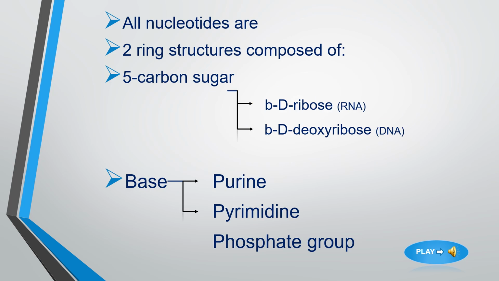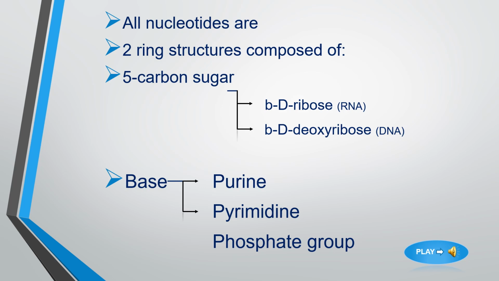All nucleotides have two ring structures: one is a 5-carbon sugar, another is a nitrogenous base. One ring structure is the 5-carbon sugar, that is pentose sugar: D-ribose in RNA and deoxyribose in DNA.